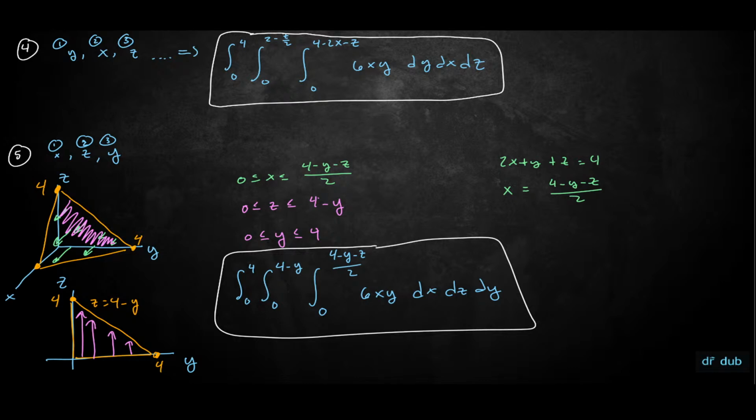So that would be the fifth order of integration, and the last one would basically, in this scenario, switch y and z, turning it into a type 2 where x is first and then y and then z.